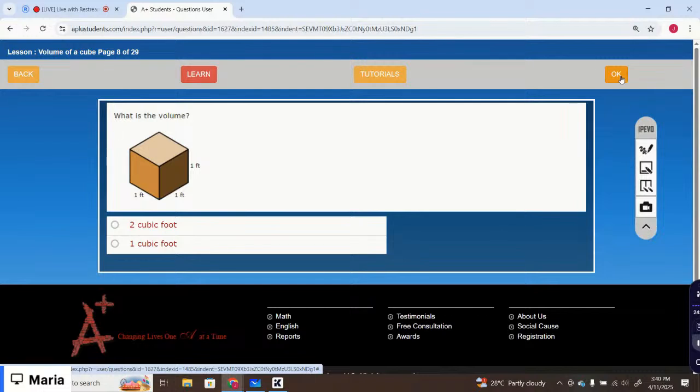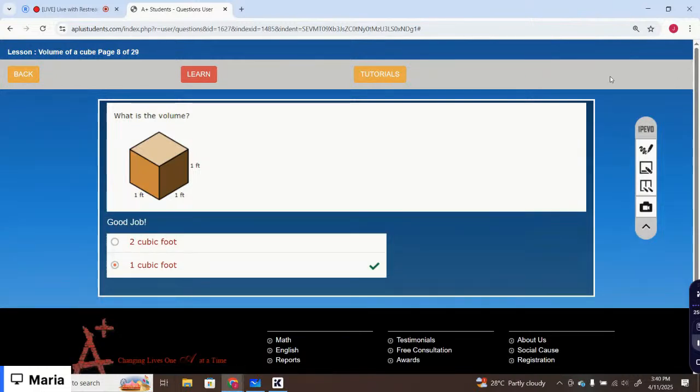What is the volume? 1 times 1 times 1 is 1 cubic foot.